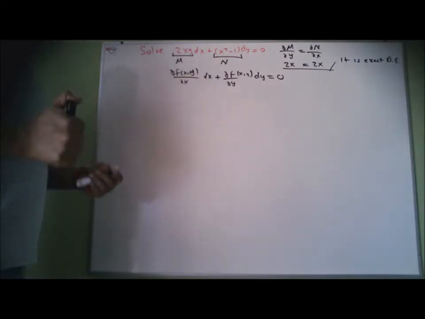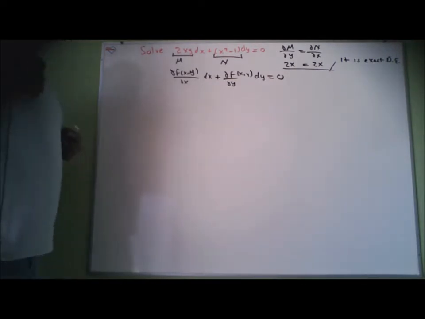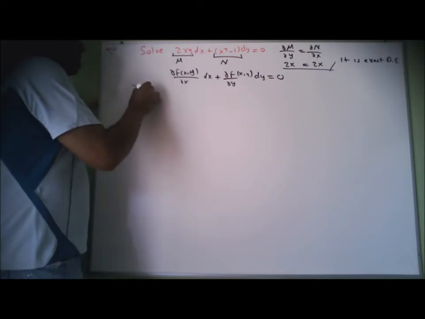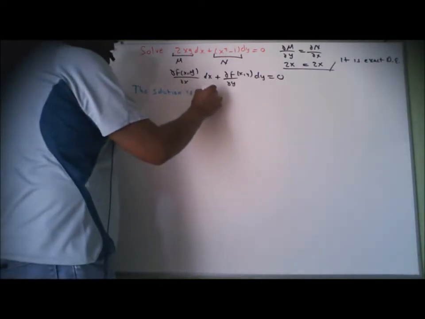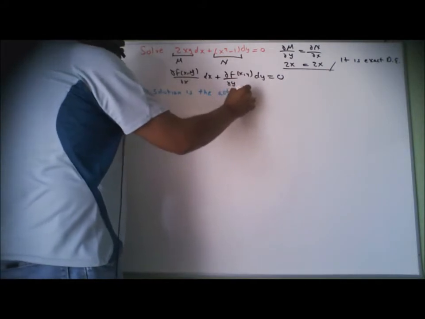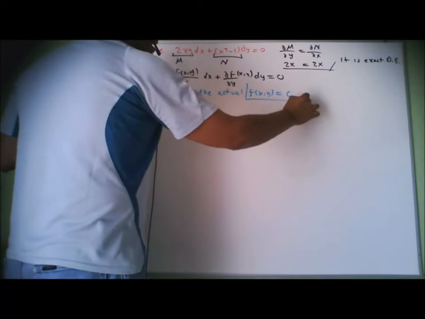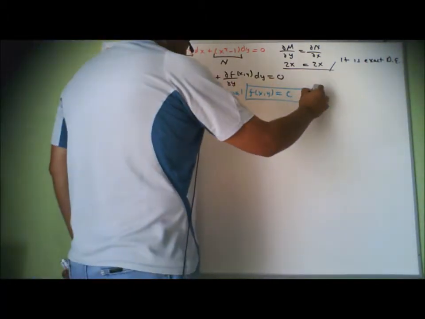Okay, now the solution of an exact differential equation is actually the exact function. So let me write that here. The solution is the actual function of two variables equal to a constant. So this is the guy that we have to find. So that is the task, to find it.